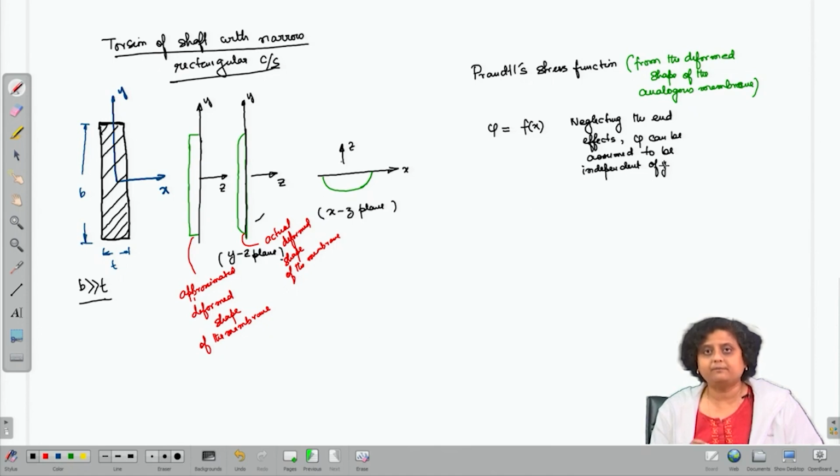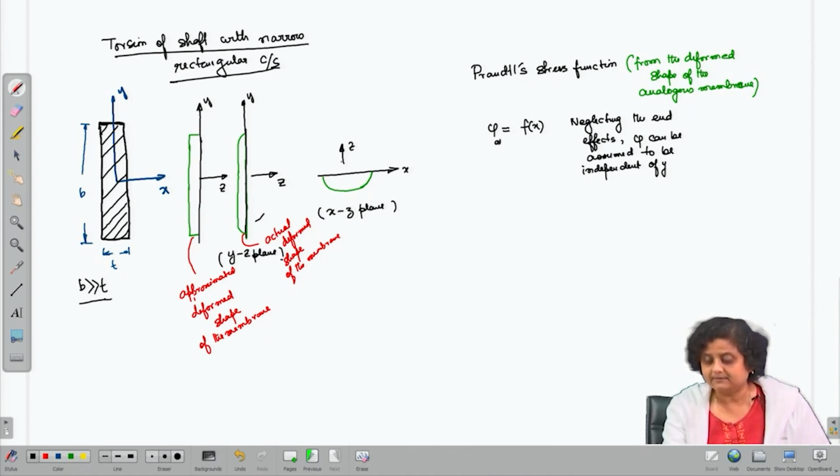So, phi can be approximated as just a function of x.